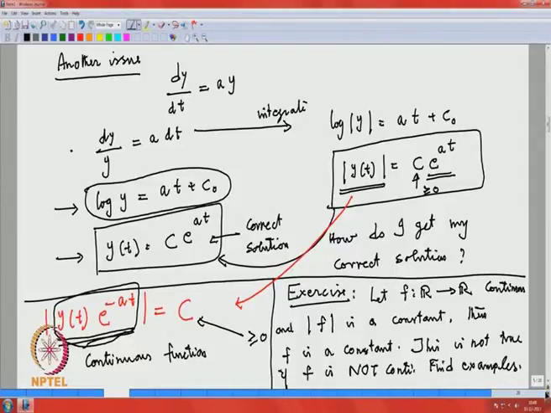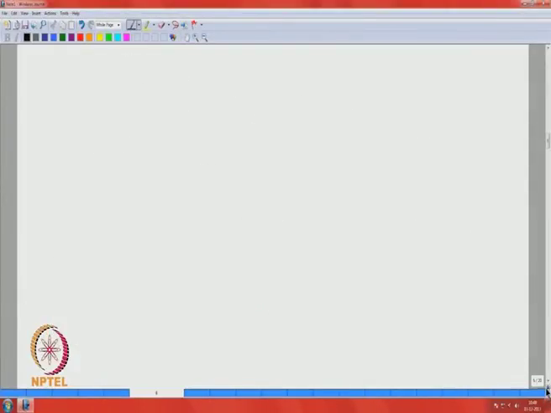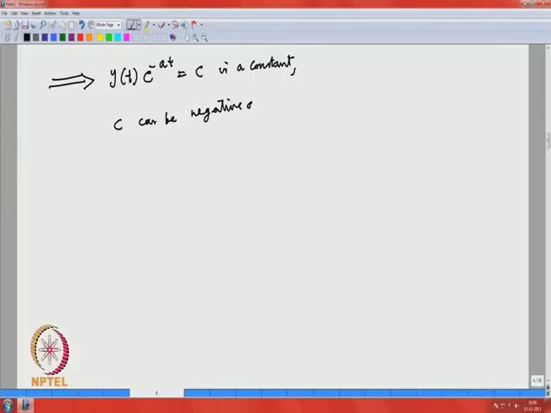So, that implies, the exercise implies, y(t) e^(-at) equal to c, a constant. What is the difference from earlier? This constant can be negative, where c can be negative as well. So, that is why I call it very arbitrary.